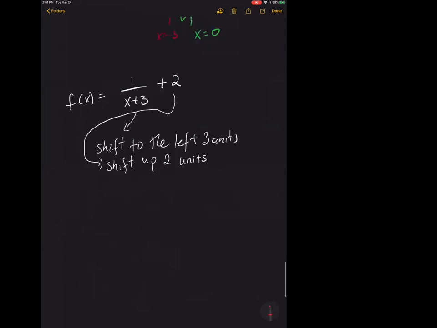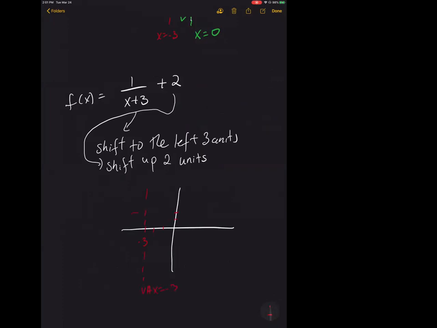So let's clarify that. The graph of the function goes this way to this way. The new asymptote, 1, 2, 3. So this right here is the vertical asymptote, x equals negative 3.